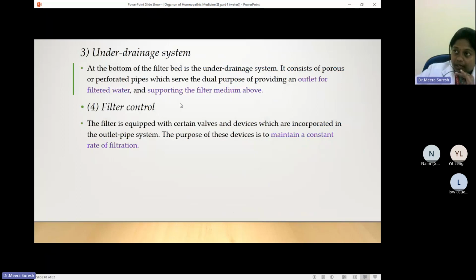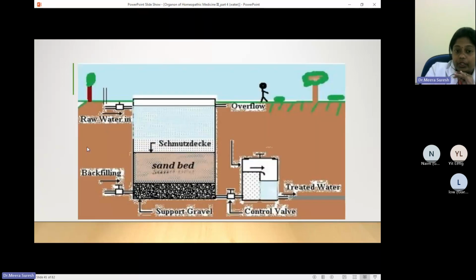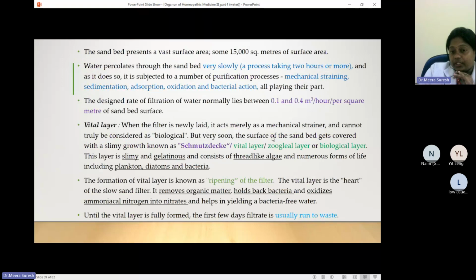So the underlying drainage pipe takes that filtered water away and also provides support. Then there will be a valve mechanism of filter control, and the purpose of this device is to maintain a constant rate of filtration, which we already saw is between 0.1 and 0.4 meter cube per hour per square meter.